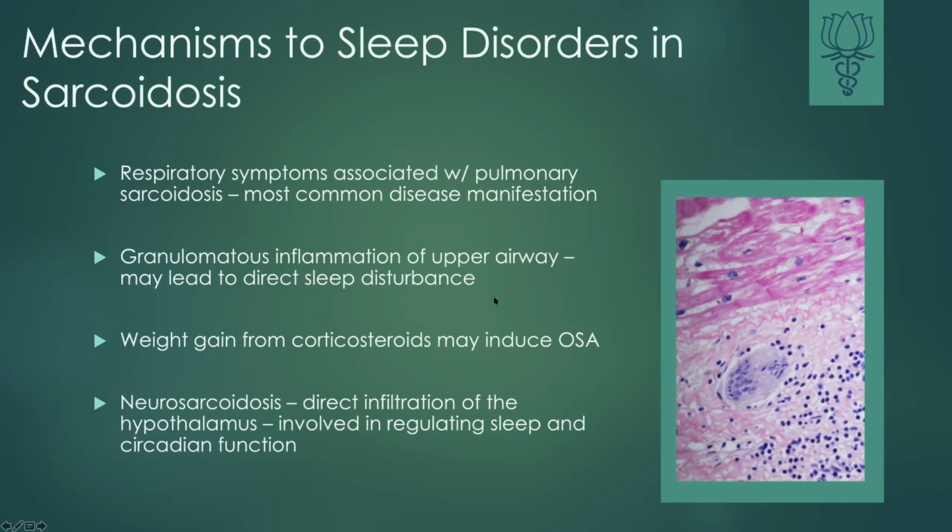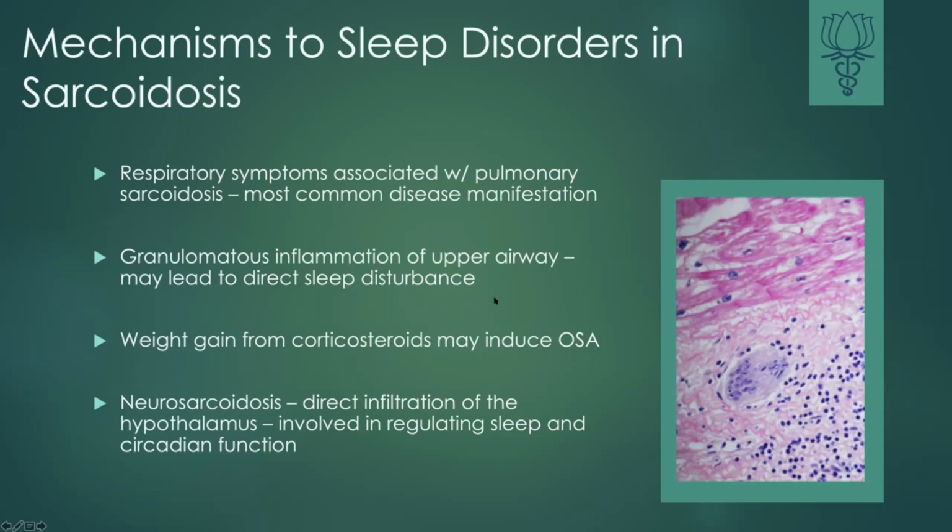Now, also, a number of sarcoidosis patients are on corticosteroids because that's the mainstay of treatment. So weight gain from the corticosteroids may actually induce obstructive sleep apnea. So something to keep in mind. And then also we can have patients that have neurosarcoidosis.